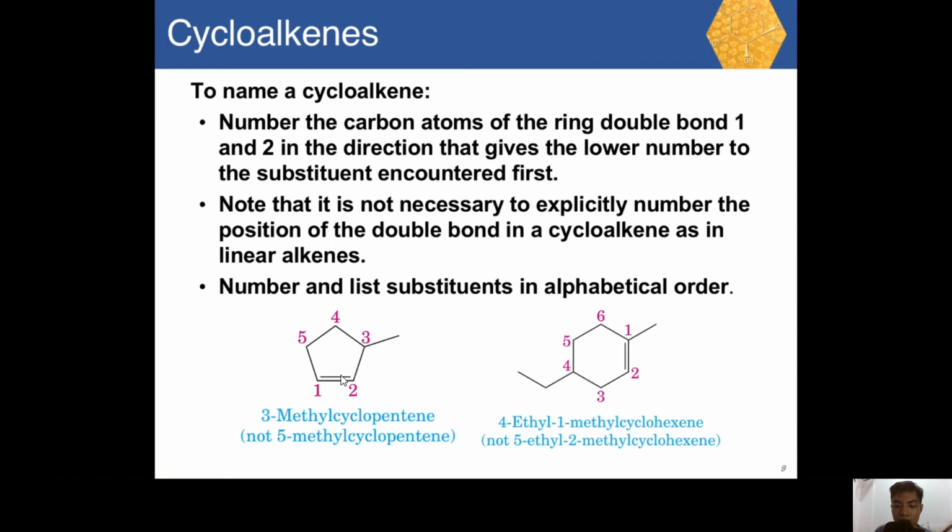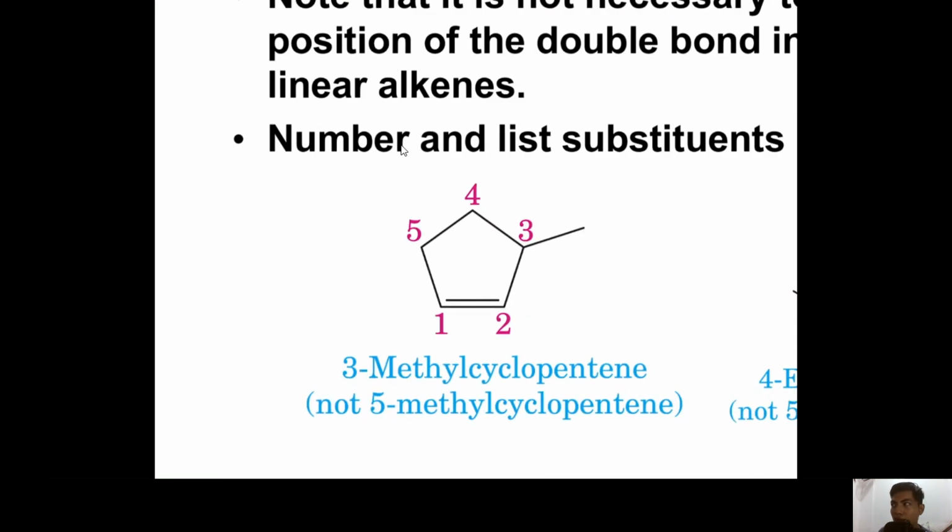Cycloalkene. No? So for example, itong isa, ilang carbons meron sa ring? 1, 2, 3, 4, 5. So, 5. So, ibig sabihin nun, yan ay pentene. Ngayon, may substituent ka. Paano mo na numberan yan? Pag nagna-number tayo, kailangan yung 1 and 2, magkasunod yung may double bond.